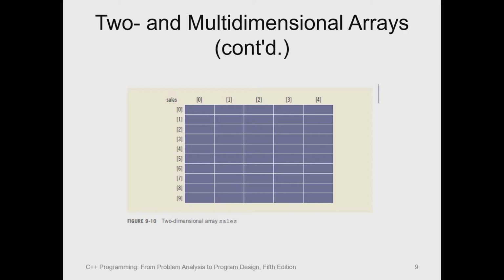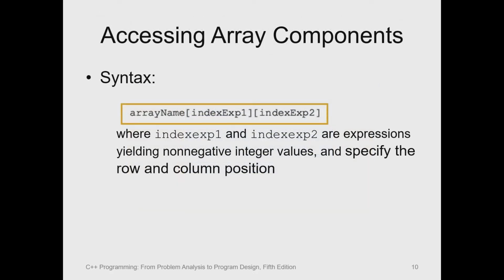Let's say, for example, again, we have cells, and cells contains addresses for rows from 0 to 9 and addresses for columns from 0 to 4. So that means we have cells, subscript 10, subscript 5. That means there are 10 rows and 5 columns.